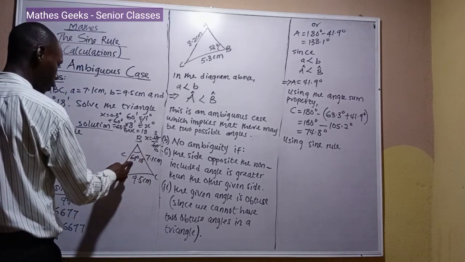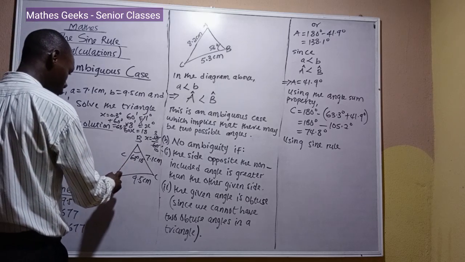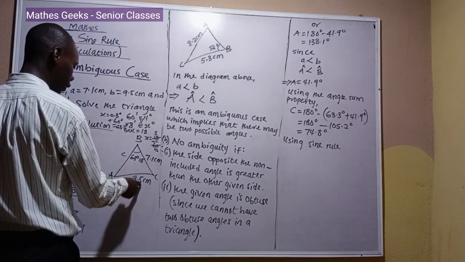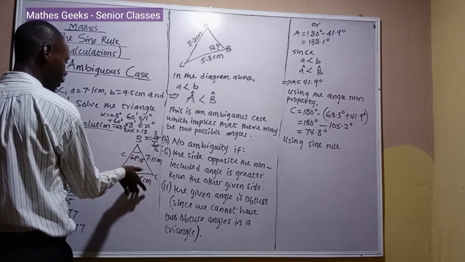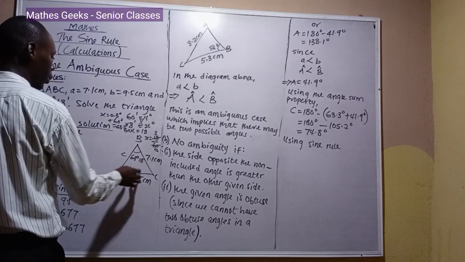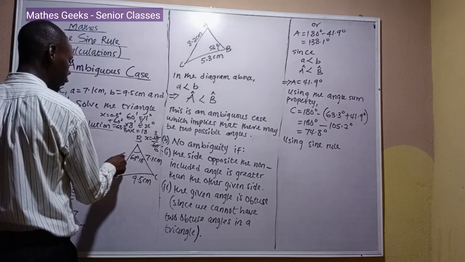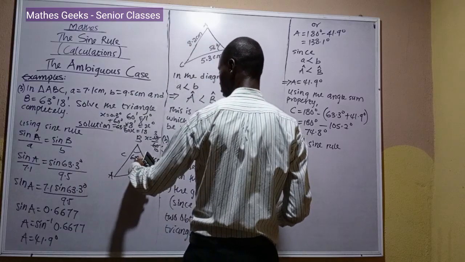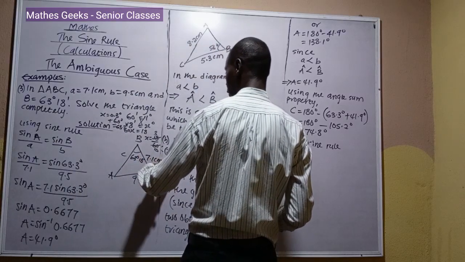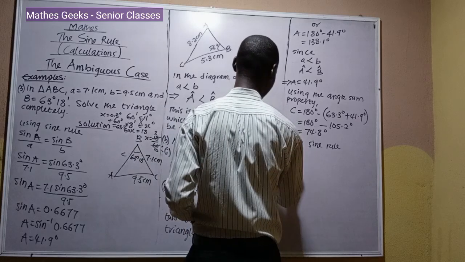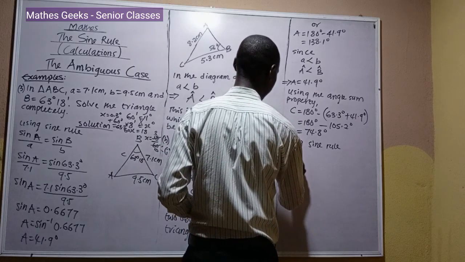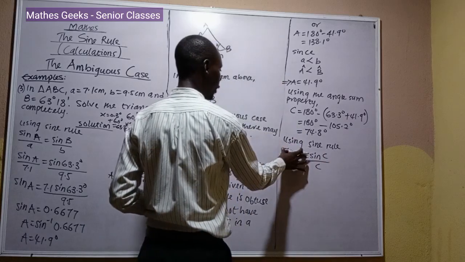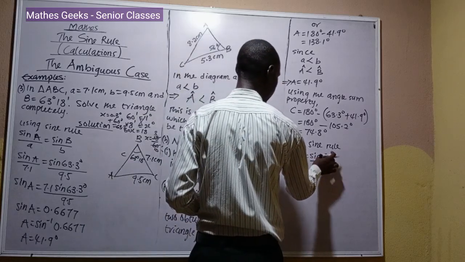Angle A and side A are given, and angle B and side B are given. So we can use any of the known angles and sides as a ratio and equate it to C. So let's use B and the side: sine B over B is equal to sine C over C. We could also use sine A over A equal to sine C over C.